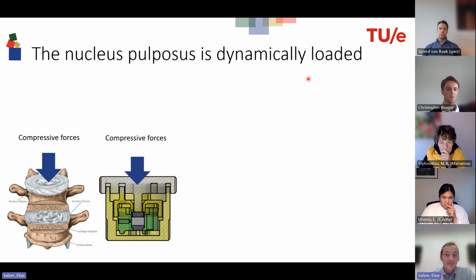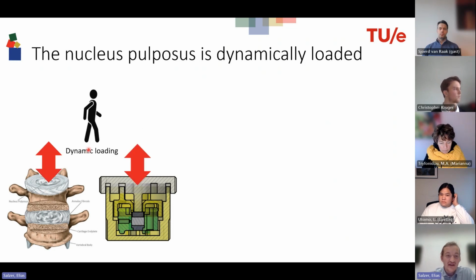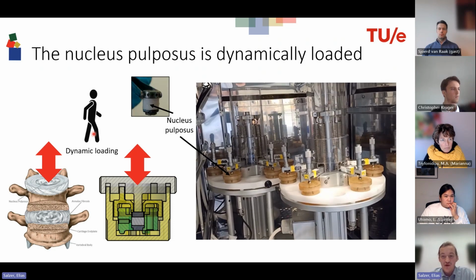But there's another focus of our group. Well, there are these compressive forces that act on the intervertebral disc, but these forces are actually dynamic. So when you're walking, the forces on your spine and on your intervertebral disc are dynamic. So what we did is we built a bioreactor.